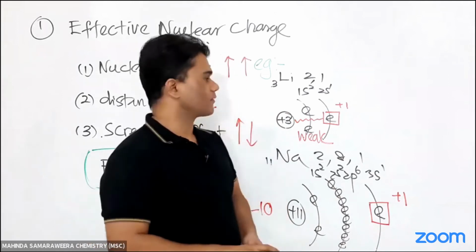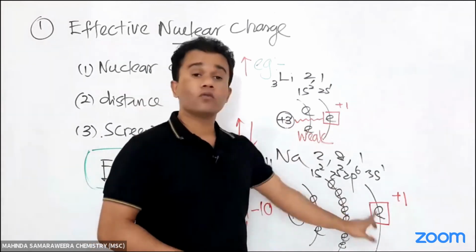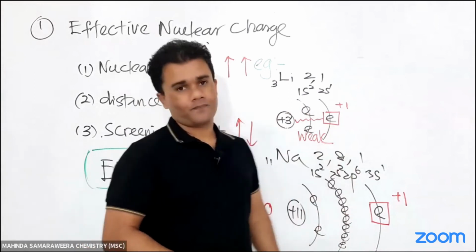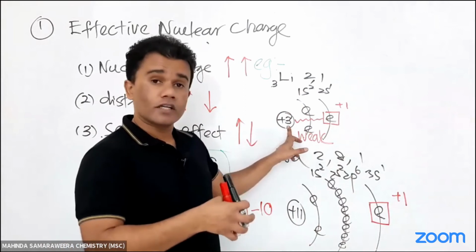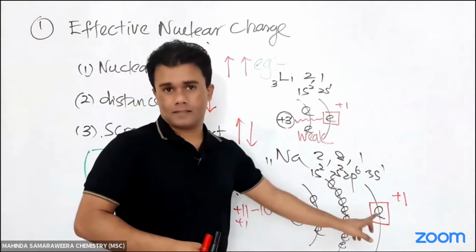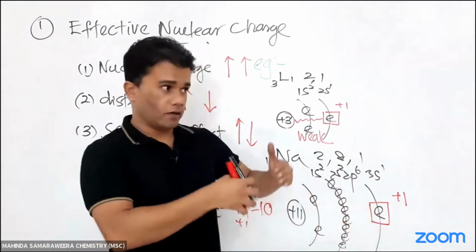Here the problem is this: when you consider the distance between the nucleus and the outer electron, what happened to that distance? Here this much distance, because it's from the nucleus to the second energy level. But here this much distance, from the nucleus to the third energy level, far away.